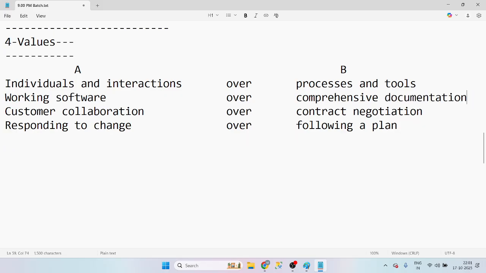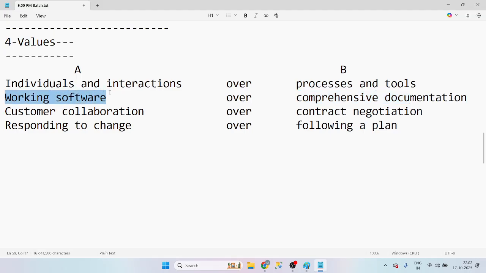That is a minimal documentation. If we have that minimal documentation, we can easily build the software. Right or wrong? Yes, Manoj. So that's what it is saying: use less documentation, and we are giving more priority to the working software.